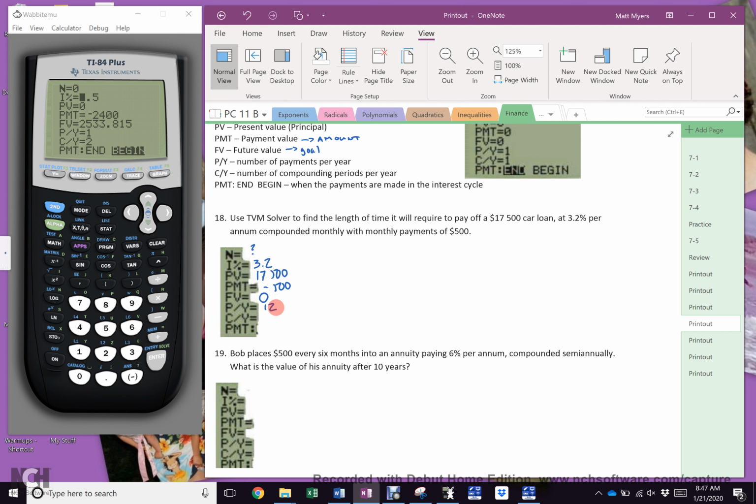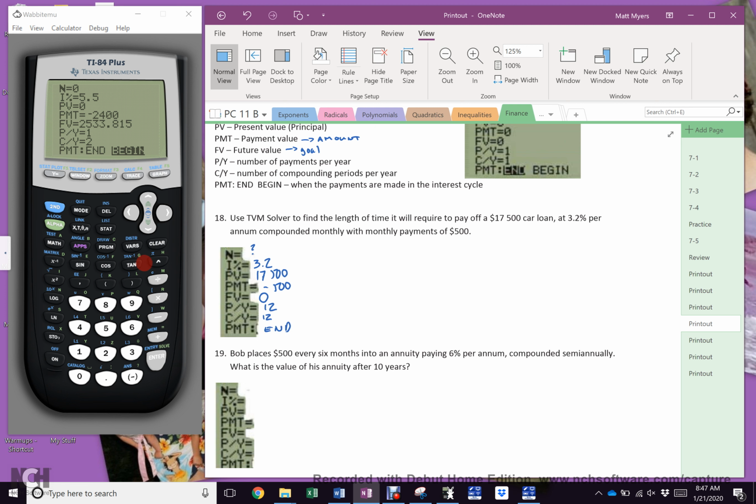How many times will they do it in a year? 12. And our payment is coming at the what? Beginning or end? Do I make my payment before they charge me interest or after? After.